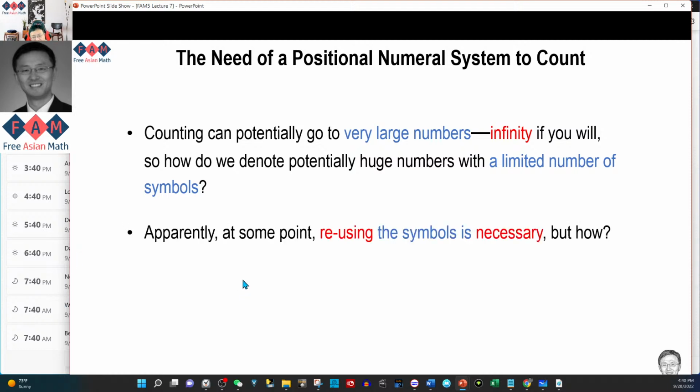At some point, we will have to think about, can we reuse the same set of symbols to represent very large numbers, and ideally arbitrarily large numbers? Well, you think the Hindu-Arabic system looks so simple and so easy, and you took it for granted, but that was definitely not the case in history.